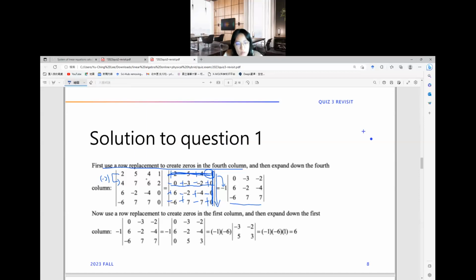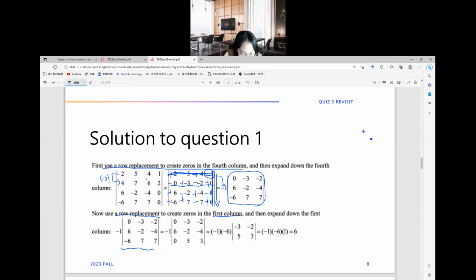Okay, and so this is the cofactor expansion that we made as the suggested solution. And the remaining cofactors involve 0 times a 3 by 3 matrix, so we don't care about the other 0 terms. And in order to solve for this 3 by 3 matrix, we can do a row replacement to create 0 in the first column.